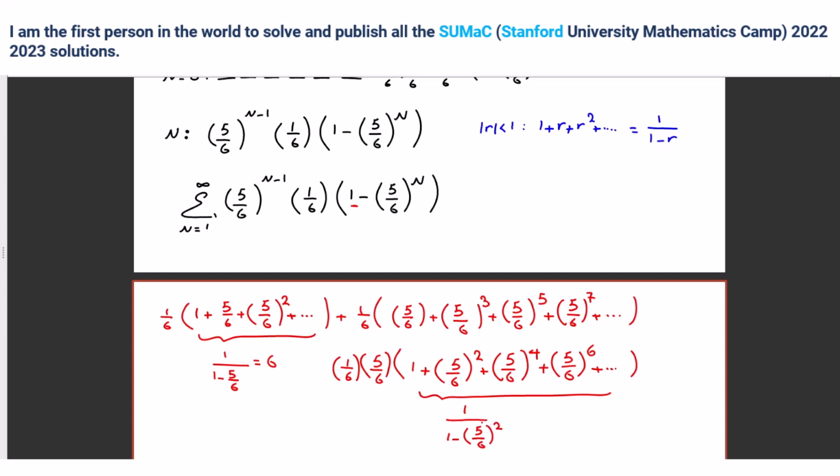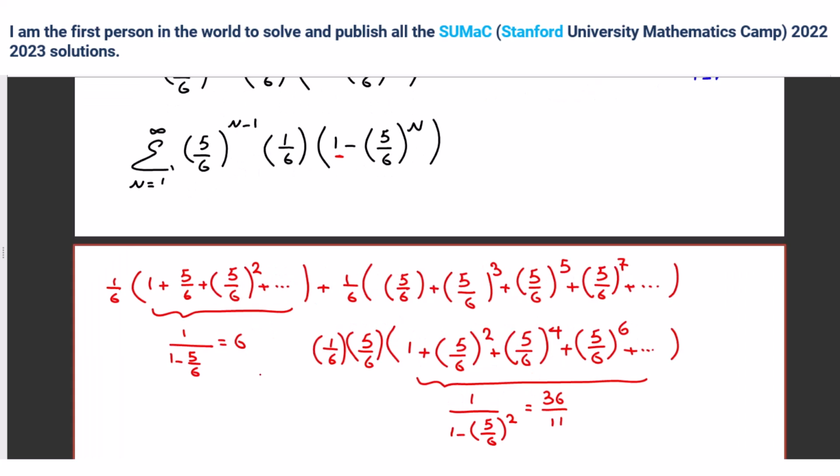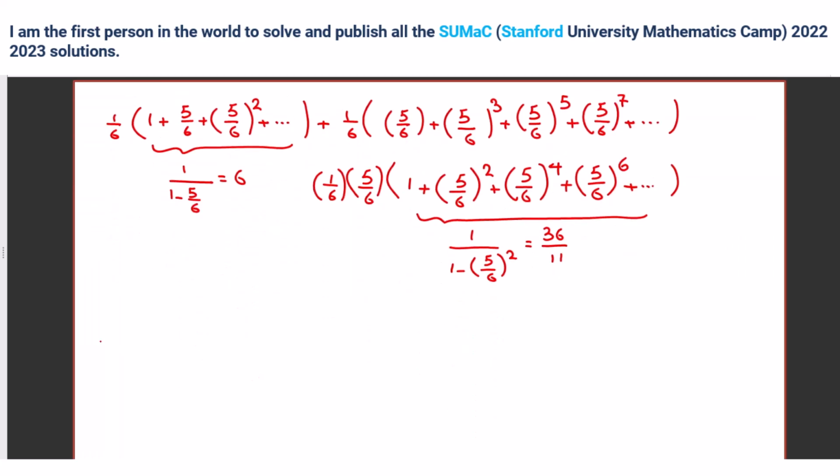Which is 36 over 36 minus 25, which is 36/11. If we simplify, now we want to calculate the answer. It will be 1 plus 1, plus 36/11. So it would be 47/11.